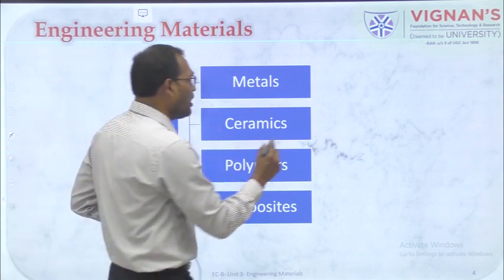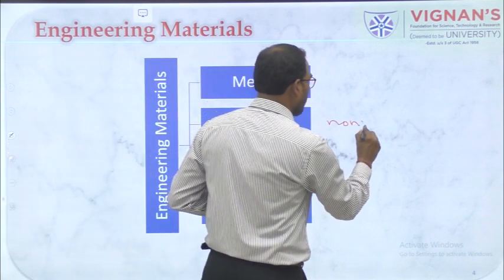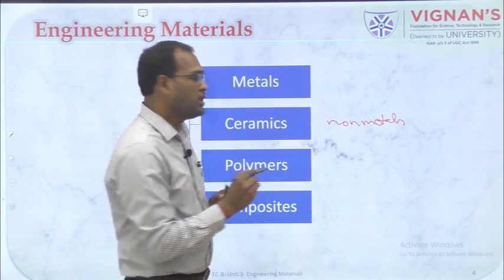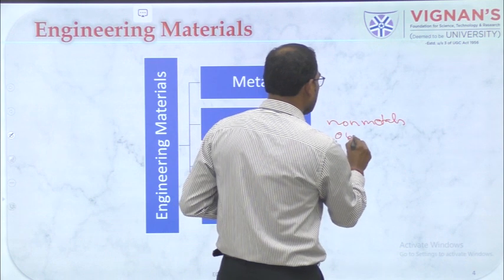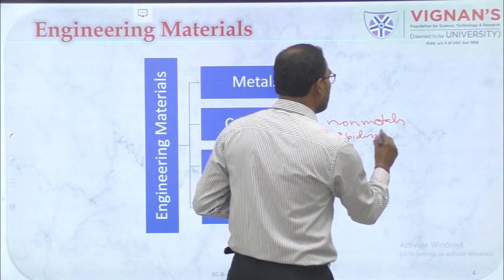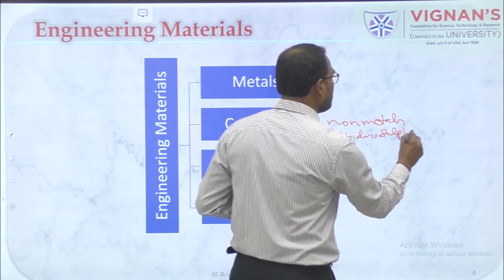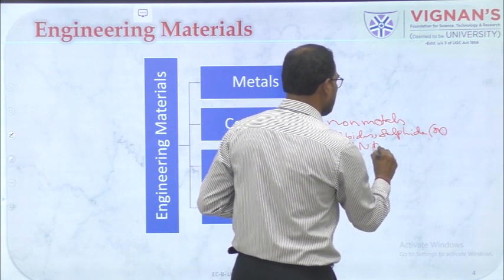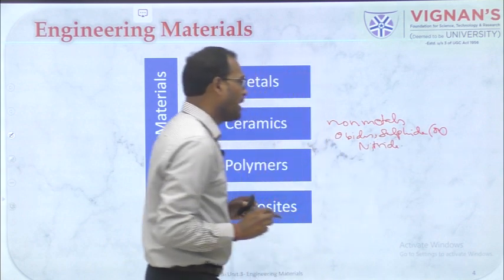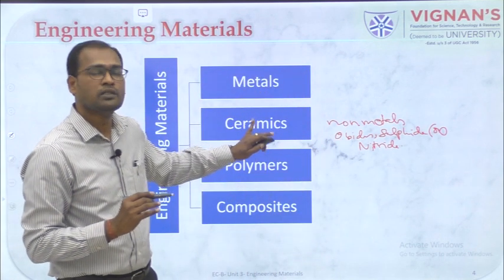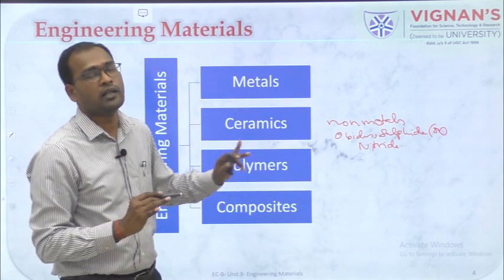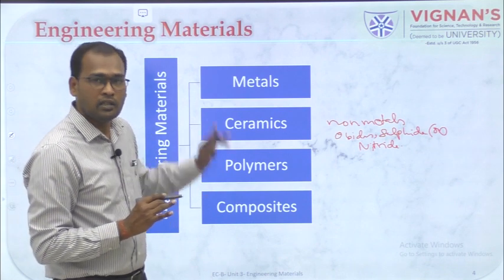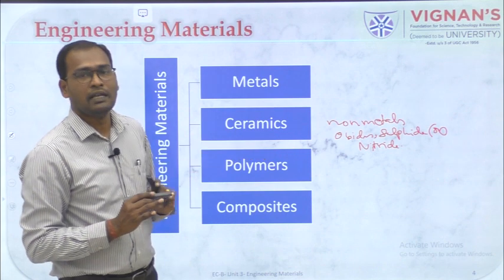Ceramics are non-metals, and mostly they are oxides or sulfides or nitrides. These are the materials most commonly used under engineering materials, and the topics we are going to discuss in this unit also come under ceramics.